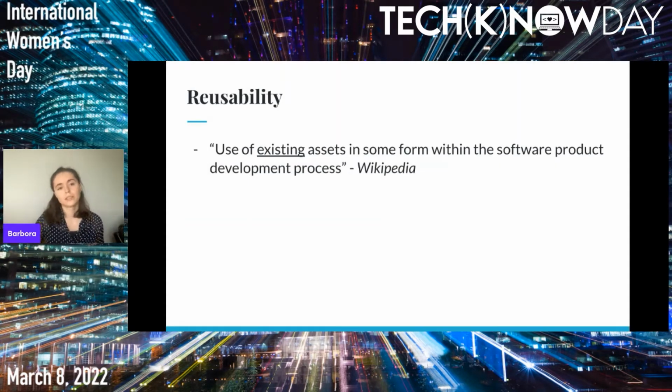Starting with the definitions and common problems. Reusability is defined as the use of existing assets in some form within the software development process. The keyword here is existing, which really emphasizes the fact that we are, as the term itself suggests, reusing existing components or existing bits of code elsewhere within our code base.